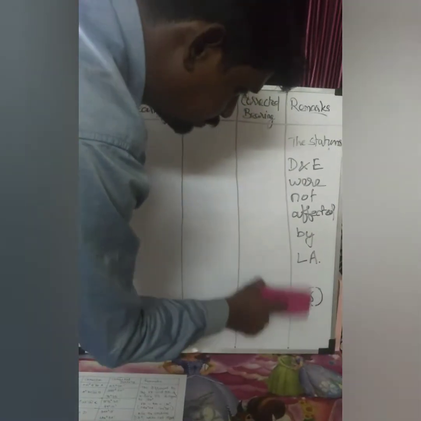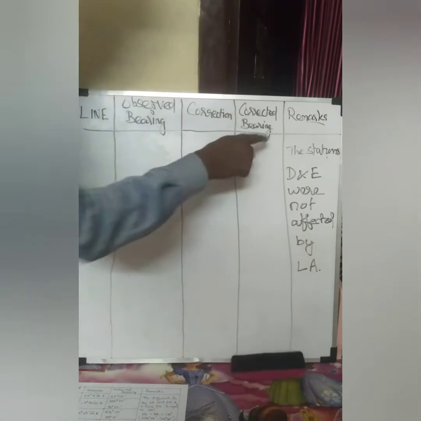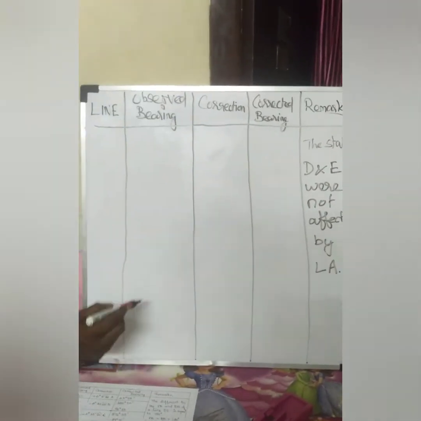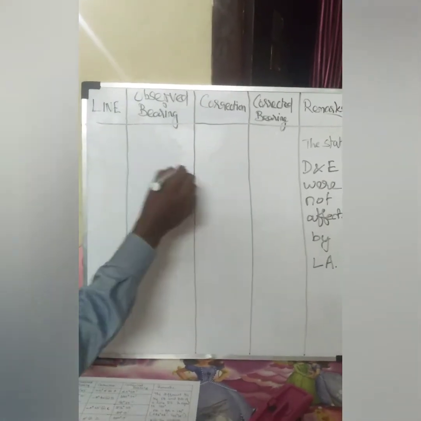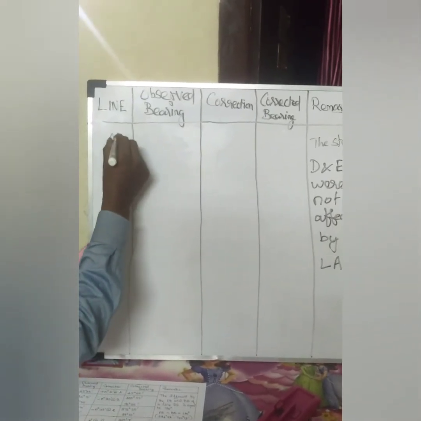Next, we can find the corrected bearing from the observed one. First, we can write the given observation here.